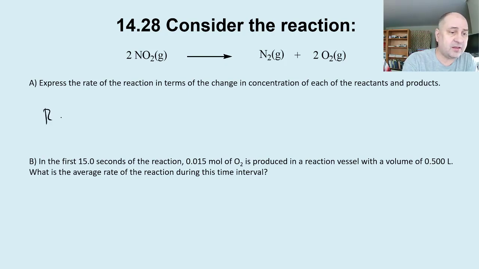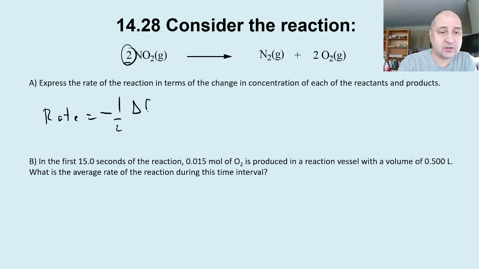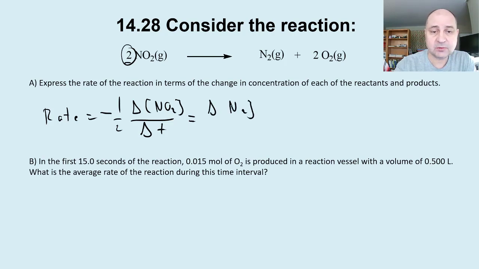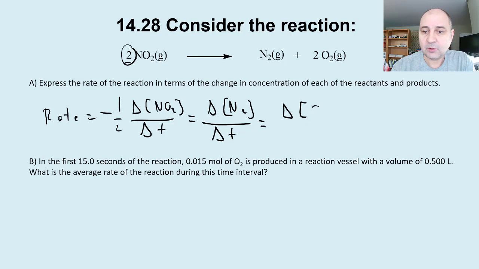We already know that the rate is going to be equal to negative 1/2 times the change in concentration of NO2 over the change of time, which is equal to, and then that's going to be positive, the change in concentration of N2 over the change in time, and then the same for O2, except here we have a stoichiometry of 2 moles, so this is 1/2.